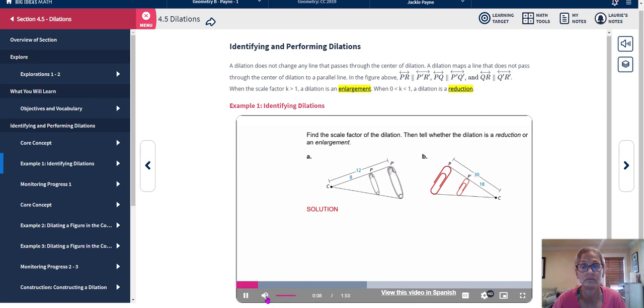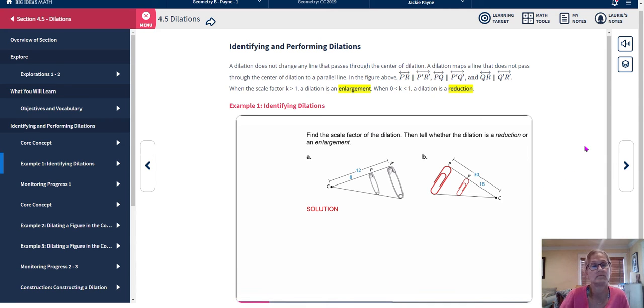Solution. A dilation is a transformation in which a figure is enlarged or reduced with respect to a fixed point C called the center of dilation, and a scale factor K. Part A. The scale factor is the ratio of the length of the corresponding sides of the image and the preimage. The length of the image is CP prime, and the length of the preimage is CP. So the scale factor is equal to CP prime divided by CP.